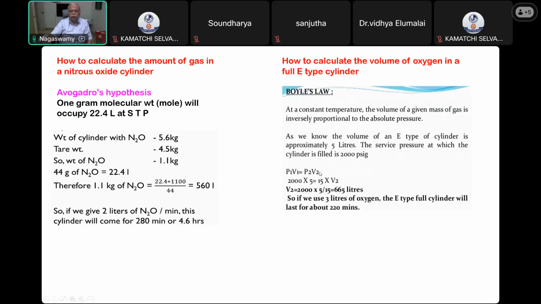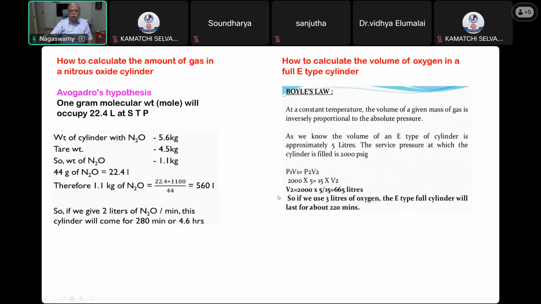The pressure inside a full cylinder is 2000 psi and the volume is 5 liters, and you have to reduce it to a pressure of 15. So what will be the volume? If you make the calculation, you get 665. So if you use 3 liters of oxygen, the full cylinder should last for 220 minutes.